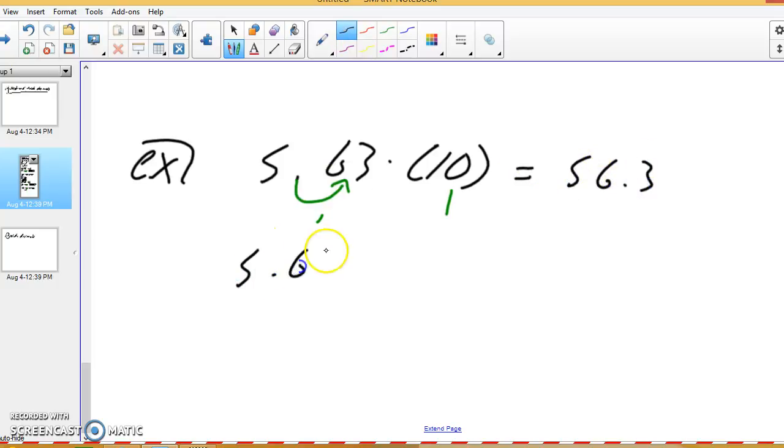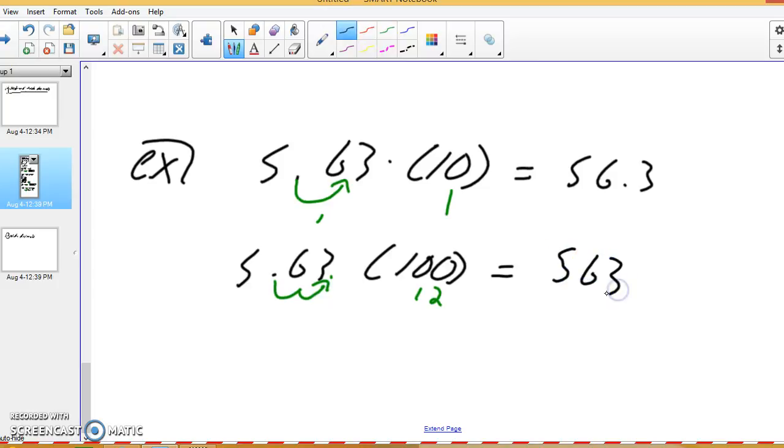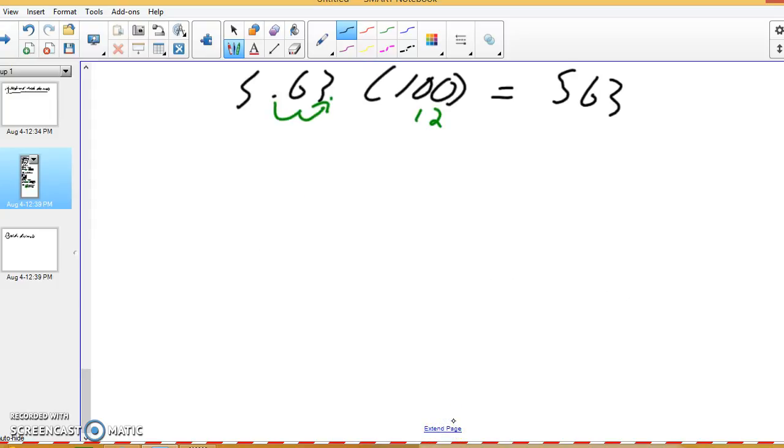Same thing if we have 5.63 only when we're multiplying it by 100. We have 2 zeros, so we're going to move it 2 spots. 5.63 times 100 is 563. Again, nothing too difficult. I'll give you guys an example to work on here.